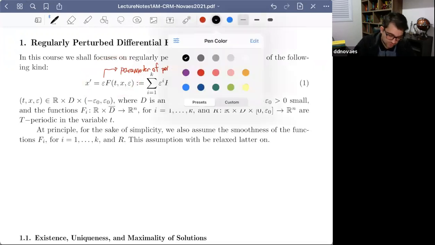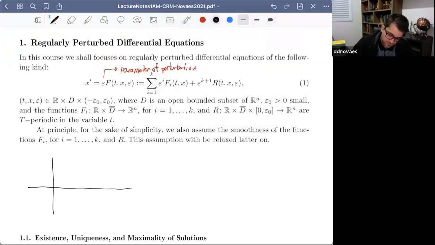So we have here the time variable, here the spatial variable. Let's just indicate here the open set D, the domain of our differential equation.